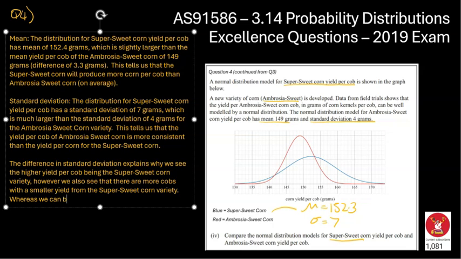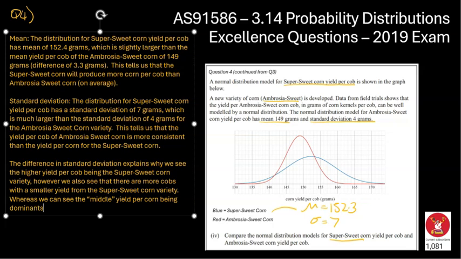Whereas we can see the middle yield per corn being dominated by the ambrosia sweet corn variety. There you go. Jeez, forgive my bad spelling as we're doing that.